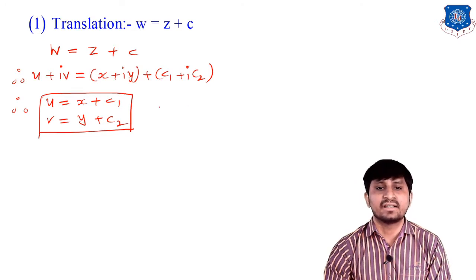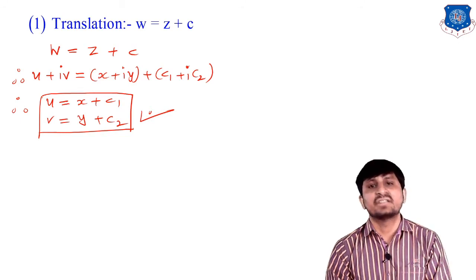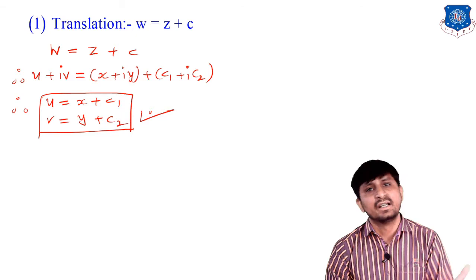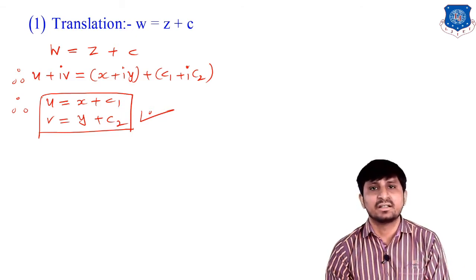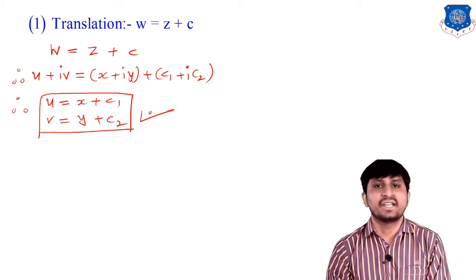So this is our main concept of translation. As I explained, in translation we are not changing the figure in the form of size. If your figure is a triangle in z plane, definitely in w plane we have a triangle. If a circle, then definitely we have a circle. But just the location changes, its place, right?